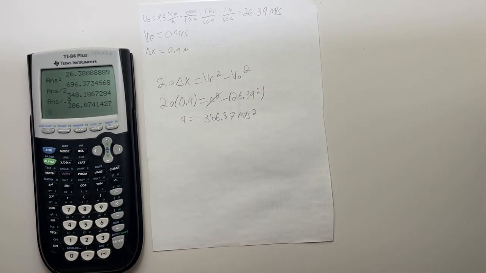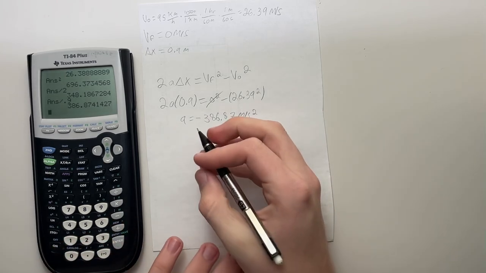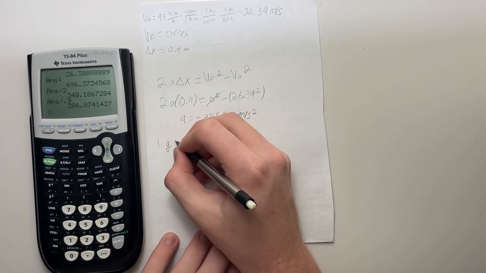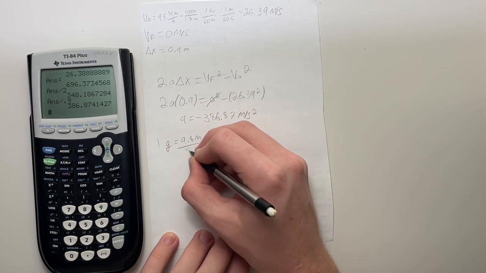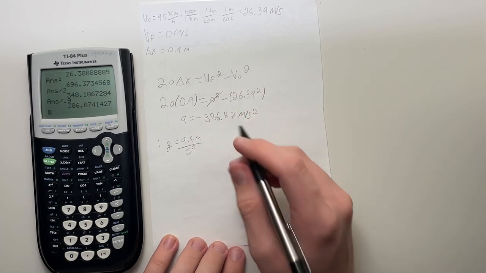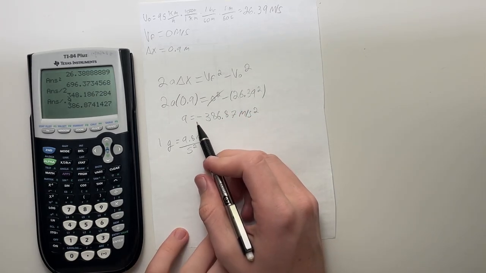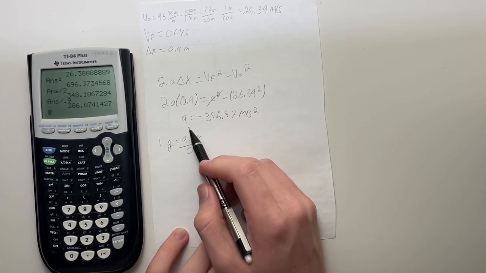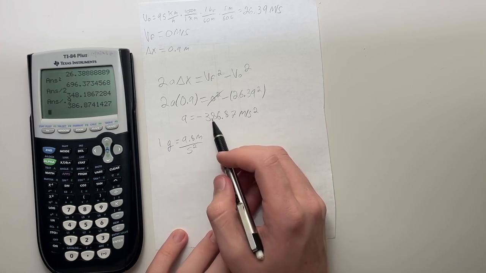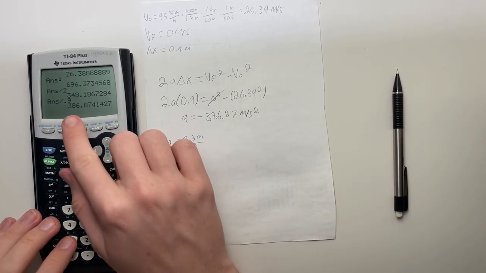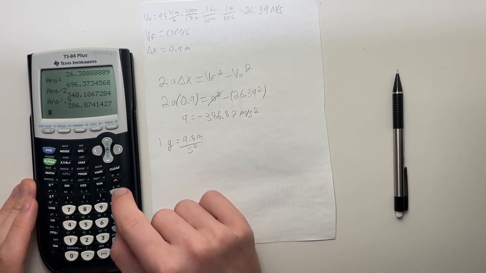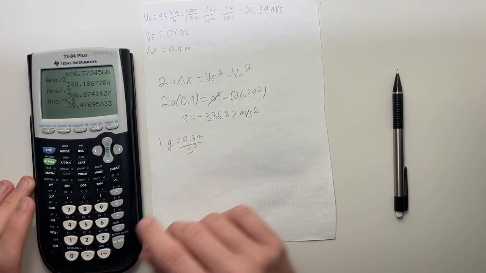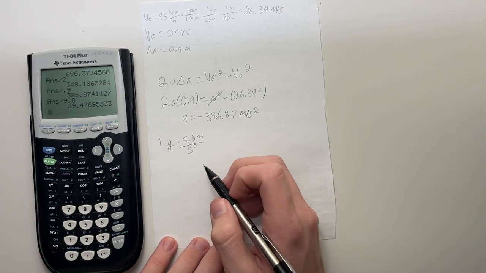So now we have to put it in terms of g's. We know that 1g equals 9.8 meters per second squared. So if we want to convert this to g's, we can just divide it by 9.8, and we'll get how many g's we're actually experiencing.